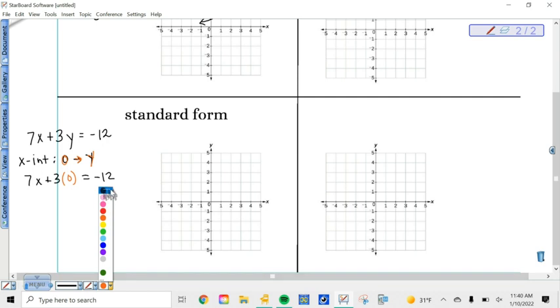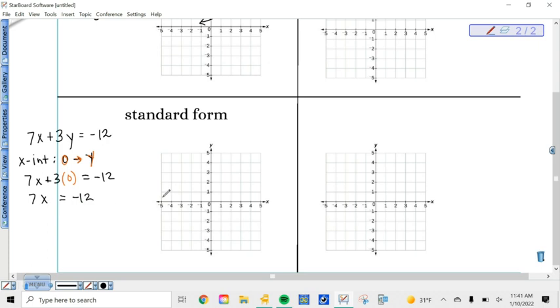So now let's simplify because we're going to solve for x. 7x plus, what's 3 times 0? 0, right? So that just goes away. So now we got 7x equals negative 12.